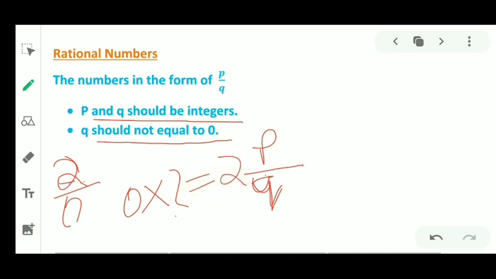There is no such number, so it is an undefined number. So the definition of a rational number is the numbers in the form of P by Q, where P and Q should be integers and Q should not be equal to 0.